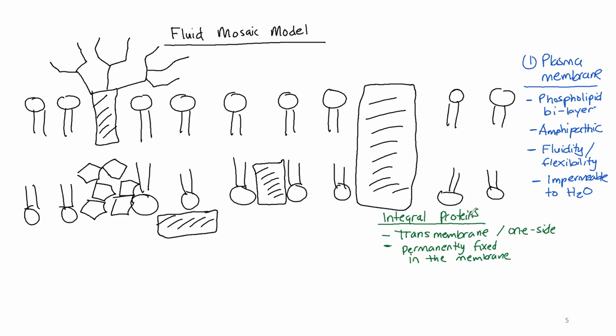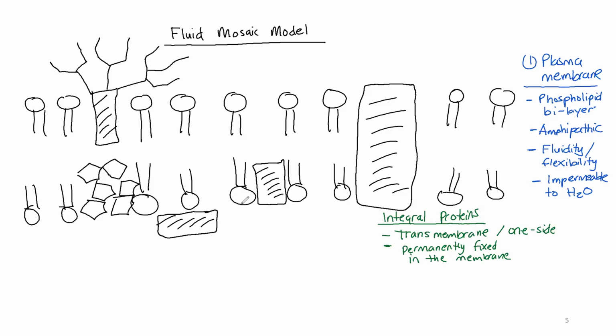While we'll talk about other proteins that can move around, dissociate, and be recycled and reproduced, integral proteins are fixed structures, whether they're going right through the membrane or fixed to one side like this one here. The main difference is that these proteins cannot move. They're integral to the function of the cell. If they leave the membrane, the cell dies. The membrane dissipates, and the cell is lost. So these are permanently fixed in the membrane.